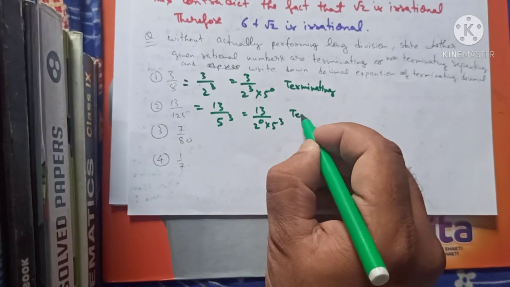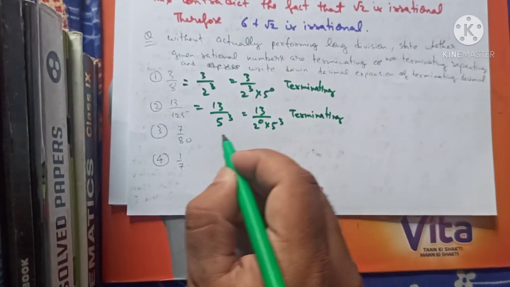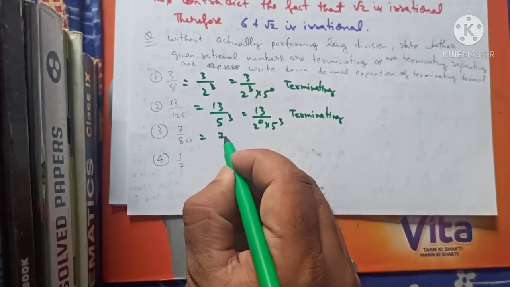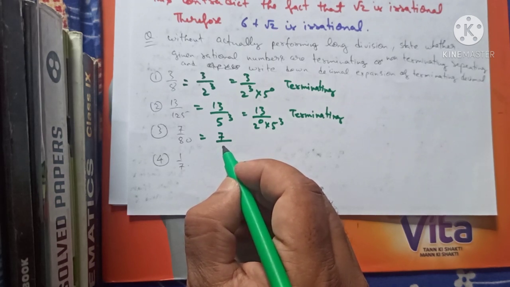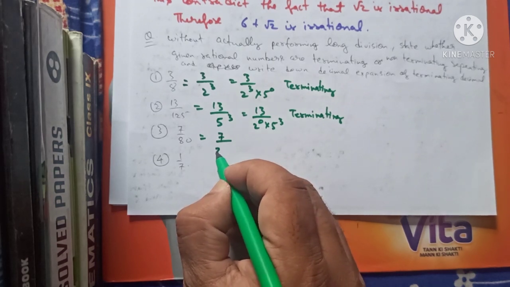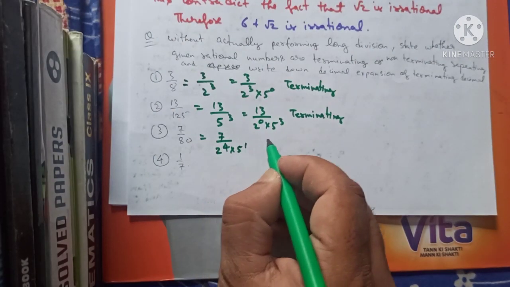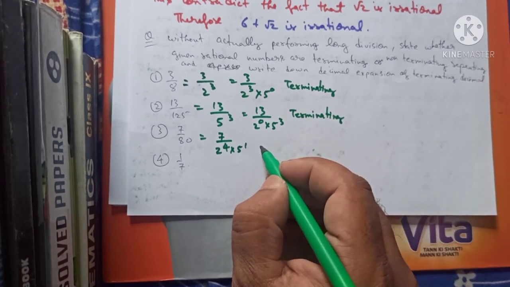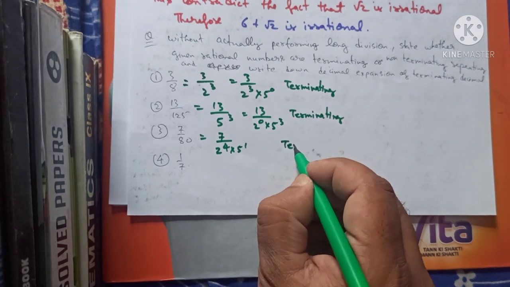So it is also terminating. 7 upon 80 we can write as 7 upon 8 is 2 into 2 into 2, and 10 is 2 into 5, so that is 2 raised to the power 4 into 5 raised to power 1. So this can also be expressed in the form of 2 power n into 5 power m. So it is also terminating.